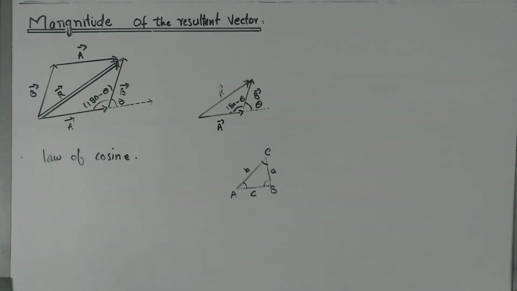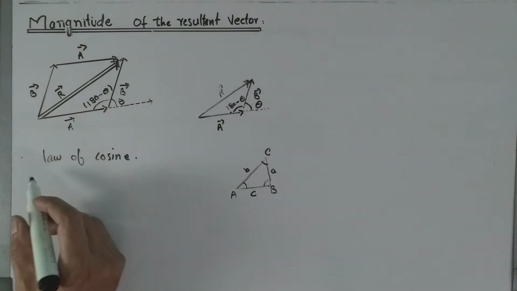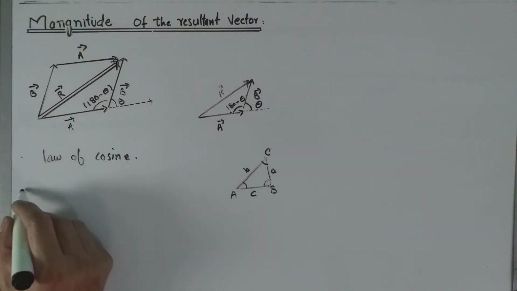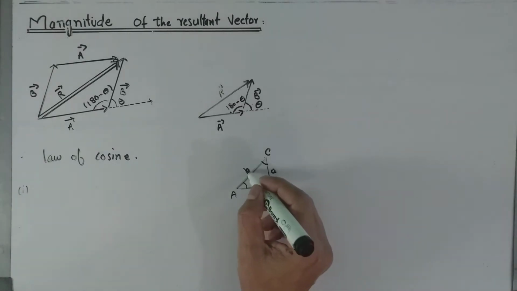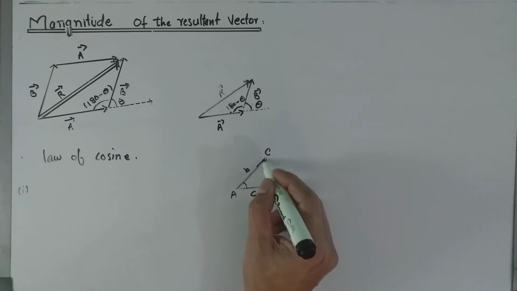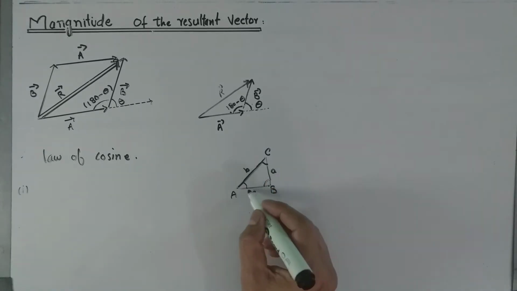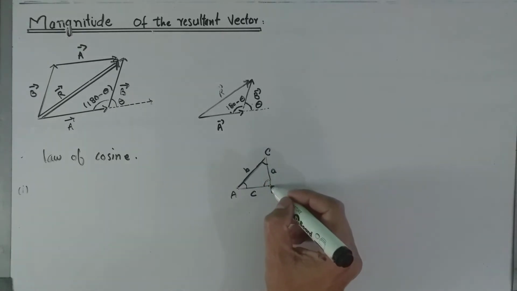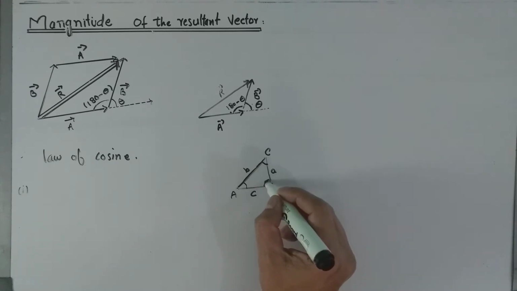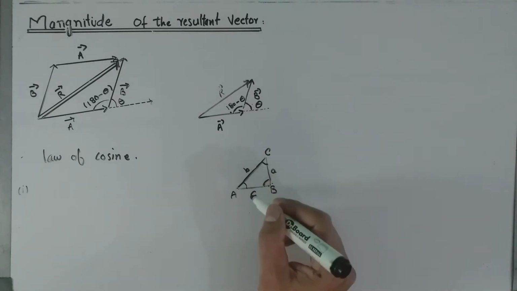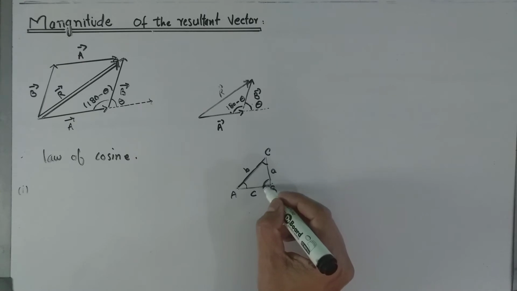Okay, we can write the law of cosine in three ways. One way is this one. If we need to find side B, for example, then side C and side A must be given, and the angle joining A and C, angle B, must be given.